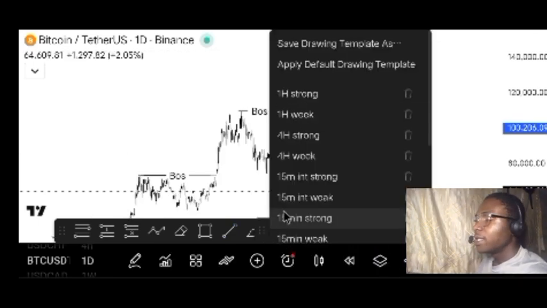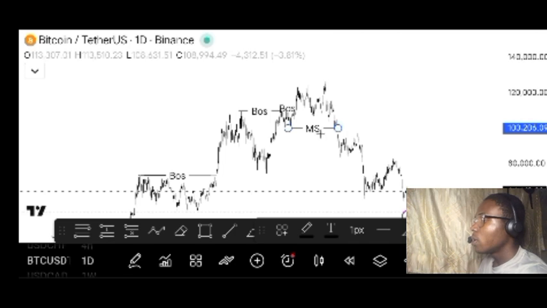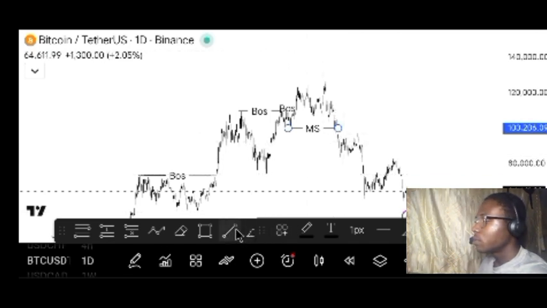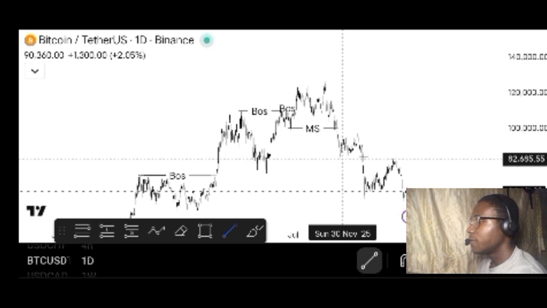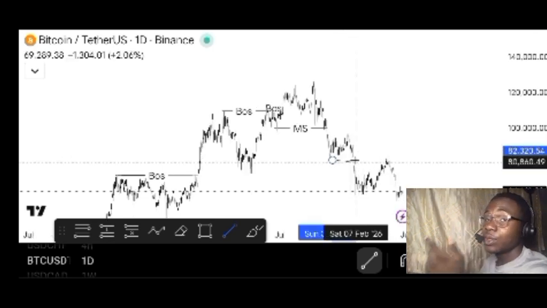Bear this in mind: whenever price takes out the last higher low, price has shifted bearish. Price shifted bearish from here. Whenever price takes out the higher low, price shifted bearish. That's the market shift, the same thing that I showed you guys in the theory part.